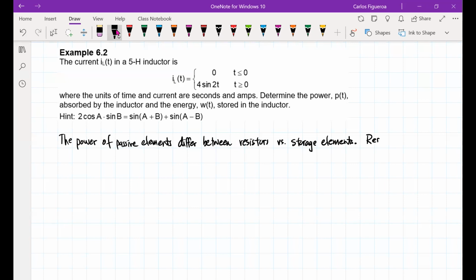Resistors are linear, which tells us that the power of a resistor is written V_R times I_R. Because it's linear, we can use Ohm's law, where I look at the voltage across the resistor squared divided by R, or it's I_R squared.